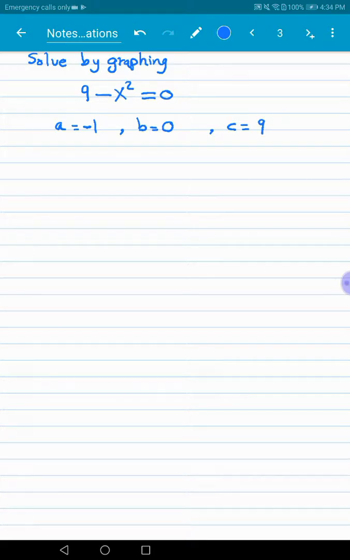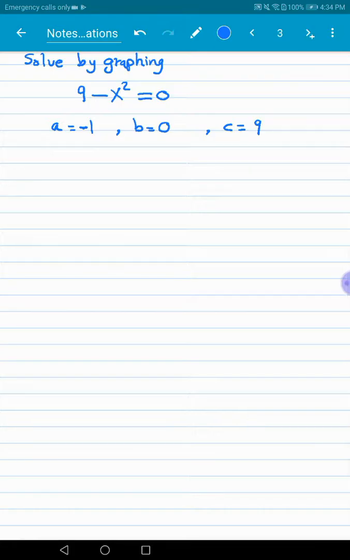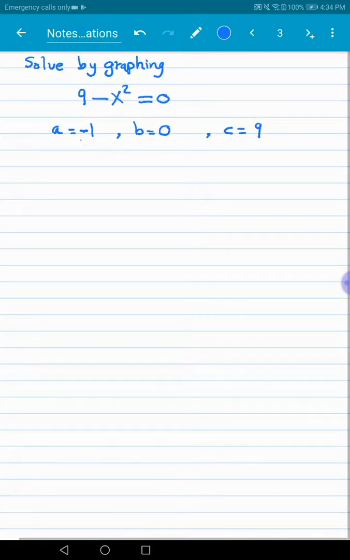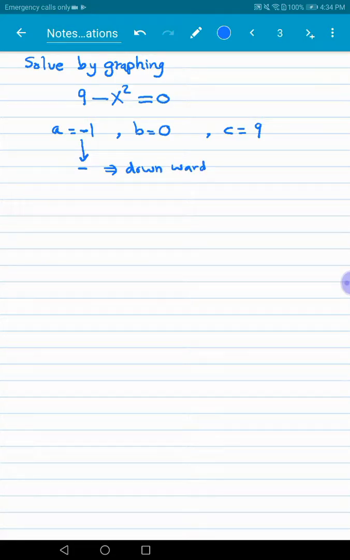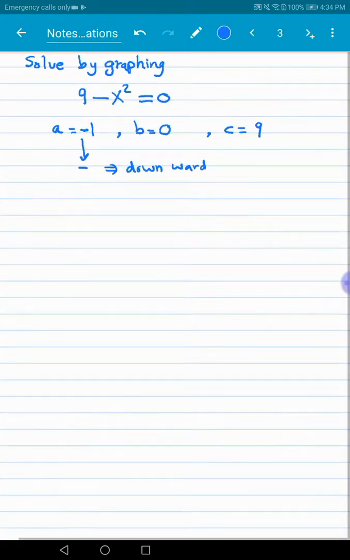Okay, does the graph open upward or downward? If you look at the graph, you will find that A is negative, so it opens downward. First we said we need to find the vertex.